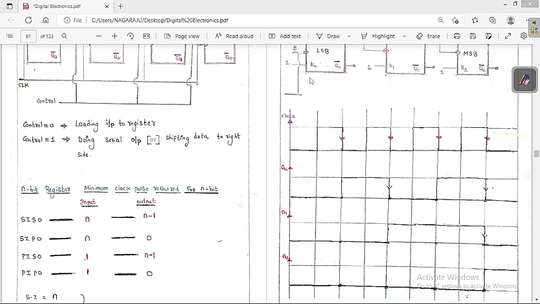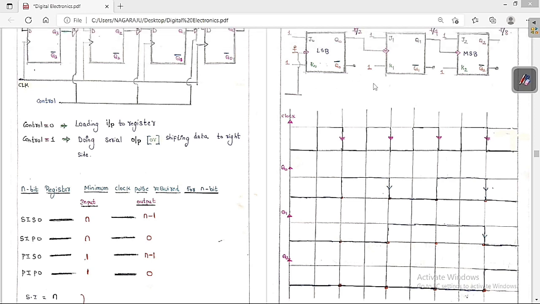With this concept I have drawn all these things, so these are the graphs that we are going to get.